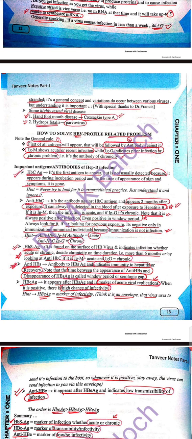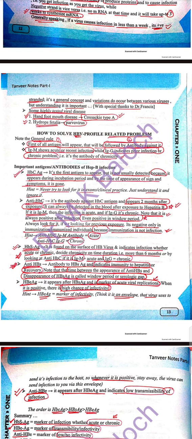Decide chronicity on time duration, more than 6 months, or by looking at anti-HBC: if it is IgM, acute, and IgG, chronic, right?